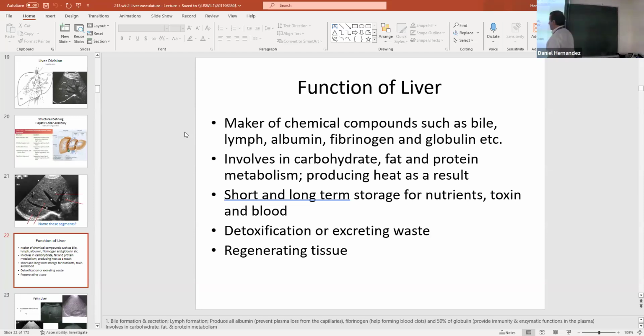It acts as short and long-term storage for nutrients, removes toxins, stores blood, and serves in detoxification and excretion of waste. The liver is also unique because its tissue can regenerate, which is pretty impressive.